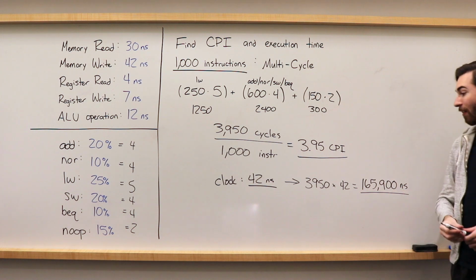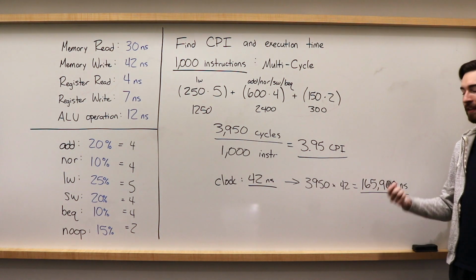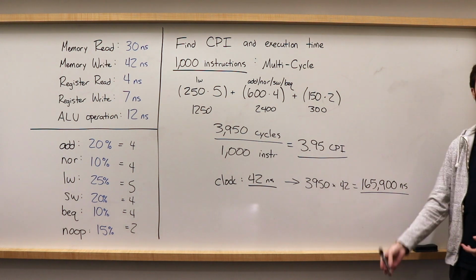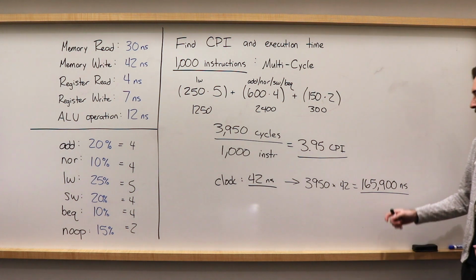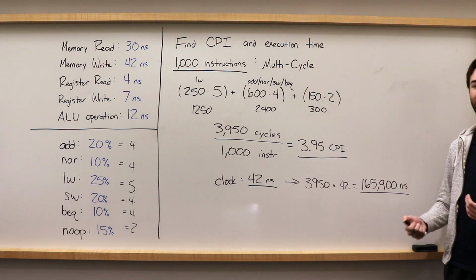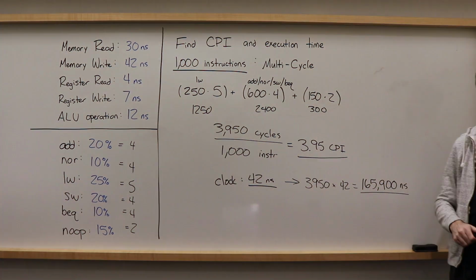In this case, it does take a lot longer to run than the single cycle case, which does show that in some cases, the multi-cycle processor is actually worse in execution time than the single cycle processor. And now that we've done that, we can move on to the pipeline, the best, in my opinion, the best data path, and see how we calculate the CPI and execution time there.